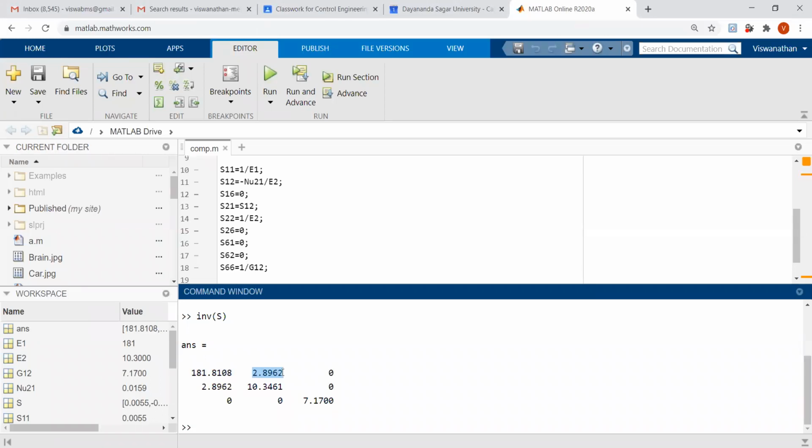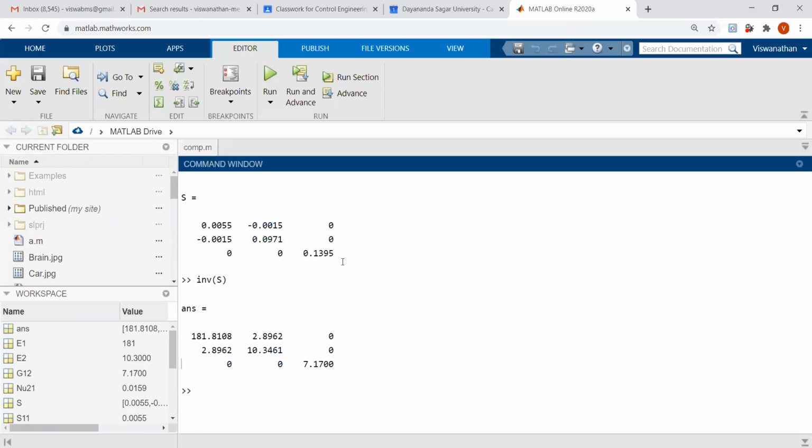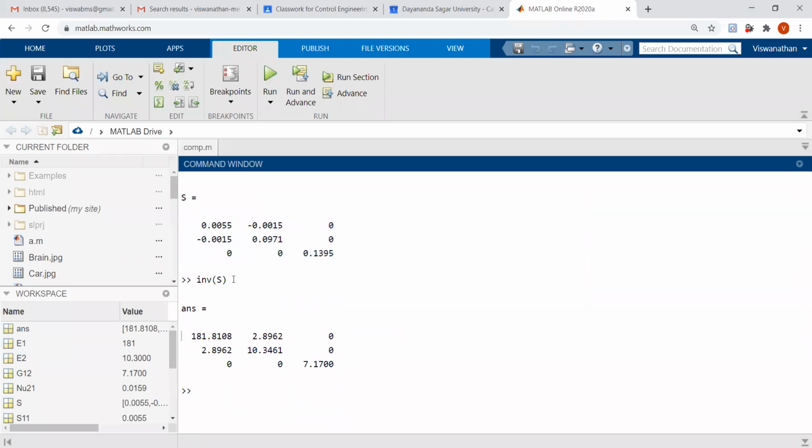This is Q12, Q16, Q21, Q22, Q26, Q61, Q62, and Q66. So this is the stiffness matrix. The previous one was the compliance matrix. Have both over here. Take the inverse of one, you'll get the other one. It's that simple.